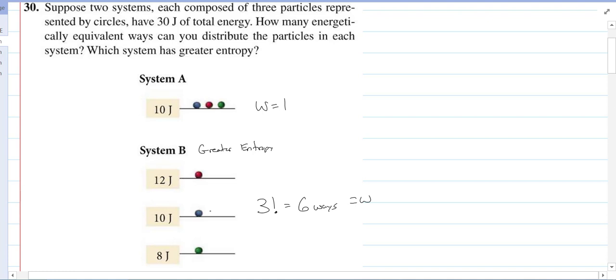Because the red could be here or here, right? We could draw them out. So I could have a red there, and then the blue up top, and the green on the bottom. So that's a second way. You do the red on the bottom here, keep the blue in the middle, and have the green up top. So there's 3. I want to keep the red on the bottom again, but instead of having the blue in the middle, I'm going to have the green in the middle, and then that means the blue's on top. So 1, 2, 3, 4.